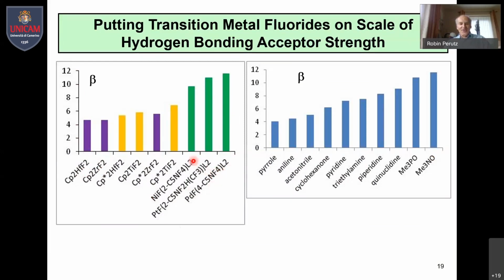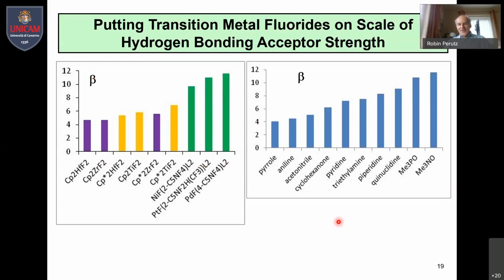And what you immediately see is that the nickel, palladium, and platinum complexes are much, much stronger hydrogen bond acceptors than the group 4 complexes. That might be counterintuitive at first, but you can think about that one. I'm not going to go into explanations now. The strongest of all is the palladium complex with a beta value of almost 12.